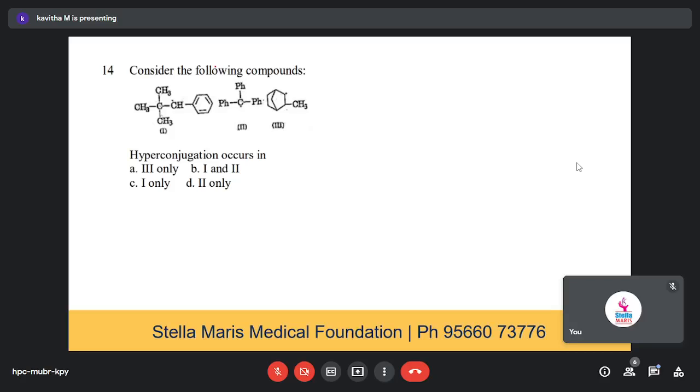So we have the double bond followed by one or more CH bonds.